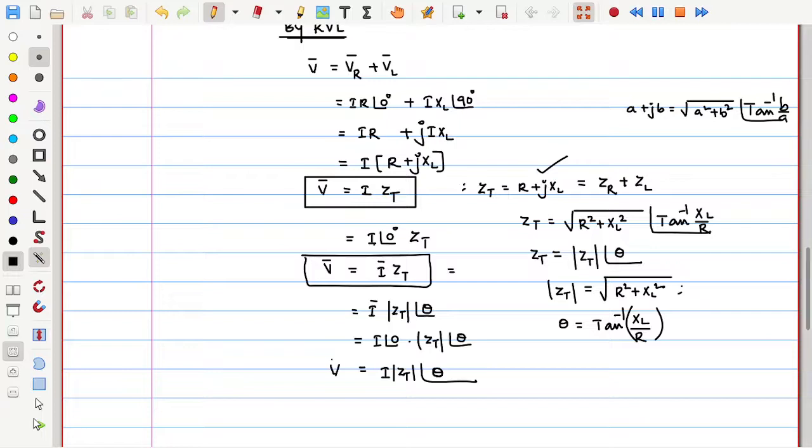Now see that the total voltage phasor has a magnitude equal to the magnitude of the current into the magnitude of the total impedance, and the angle of this voltage is theta.